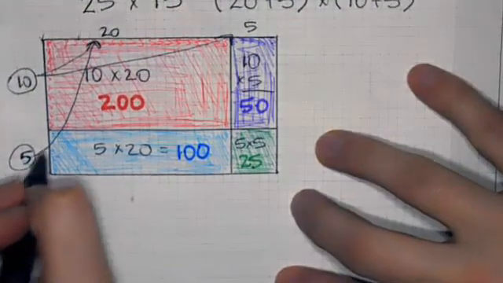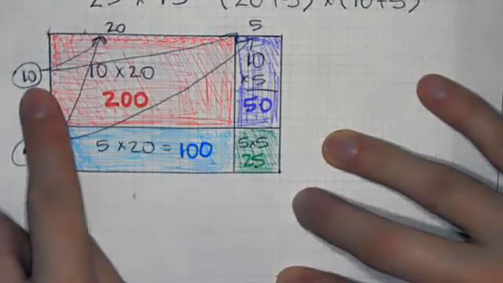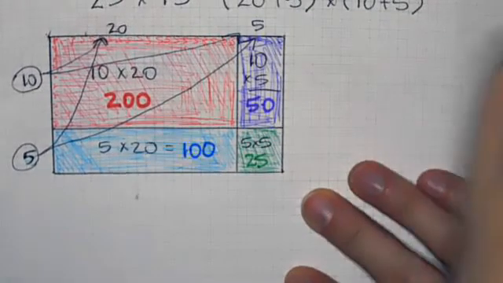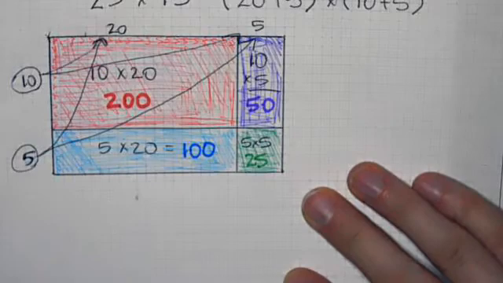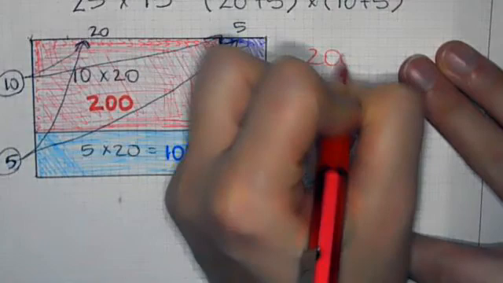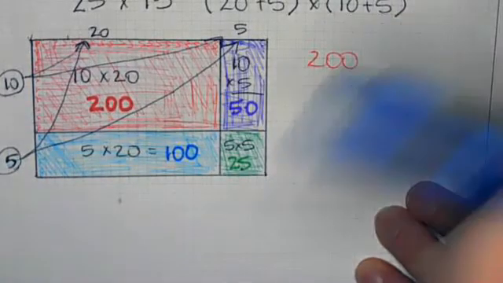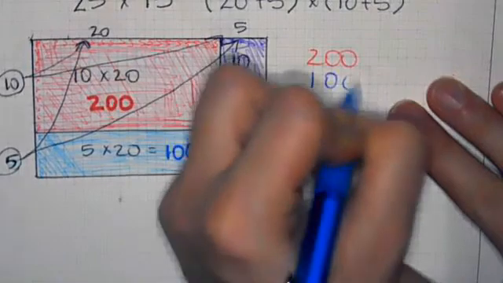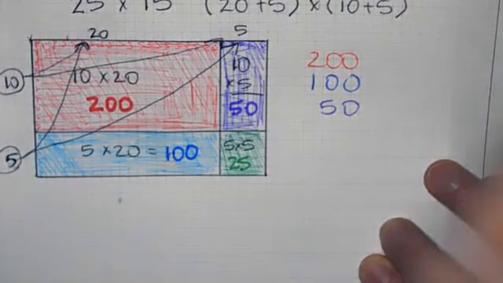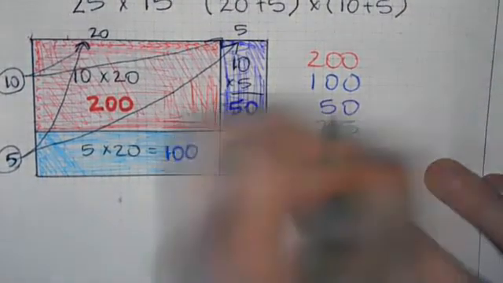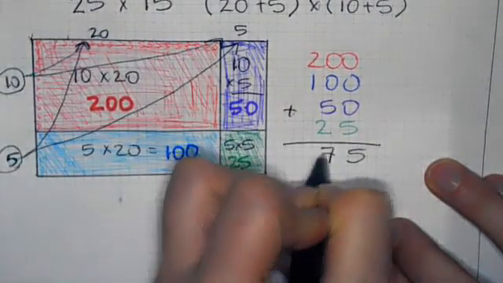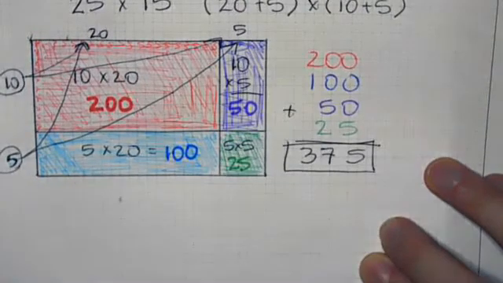Now that I have distributed both my 10 and my 5 across, I'm going to take these partial products and add them up from the greatest to the least, stacking them up and then adding them. So 200 plus 100 plus 50 plus 25. When I add that up, I will get 375.